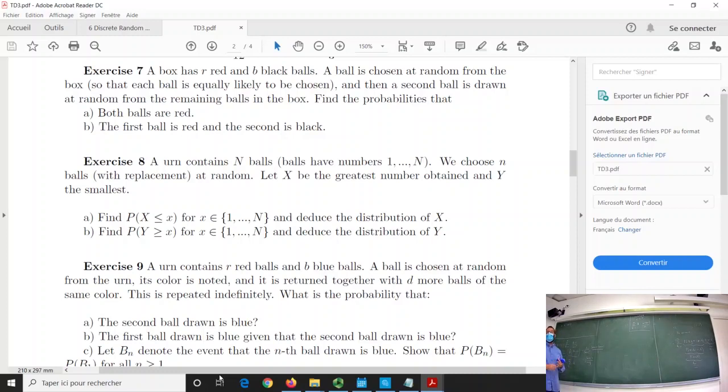But it may be complicated to do this directly, and I will explain to you why just after. So you have an intermediate computation to do in order to deduce the distribution of these two random variables of interest. So I erase this.